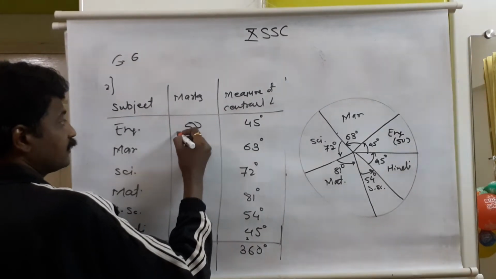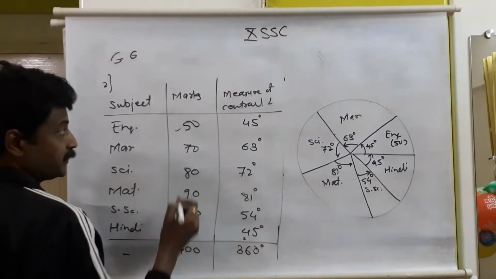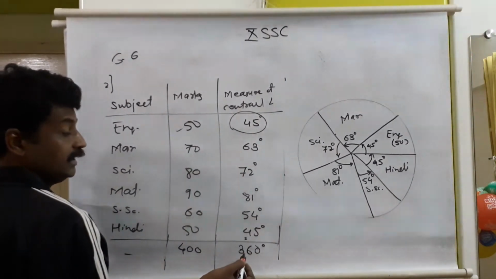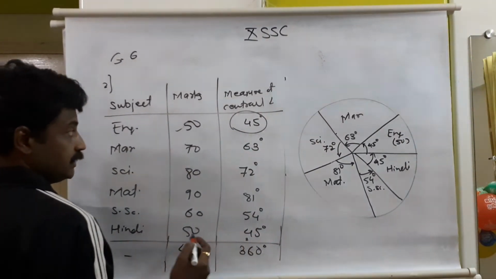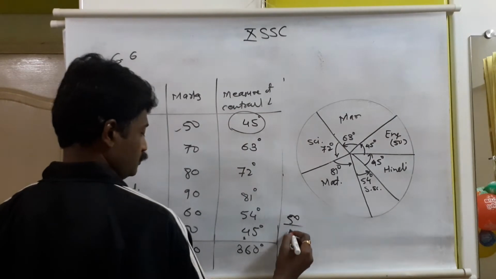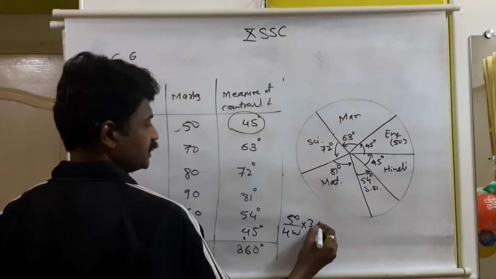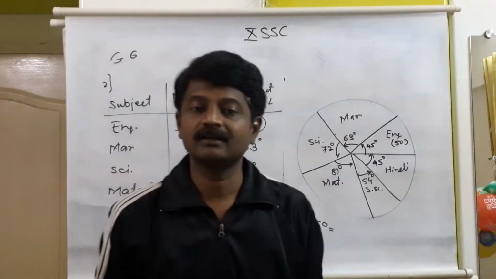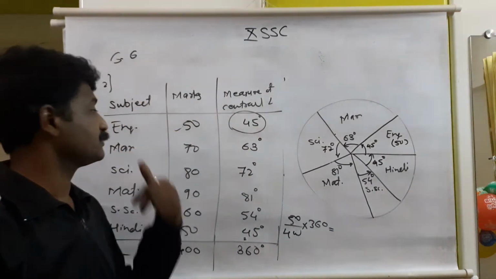In English he scored 50 marks out of 400. If 50 out of 400, then out of 360, how much? That will give us the central angle for the subject English.